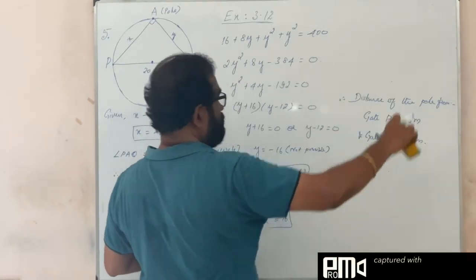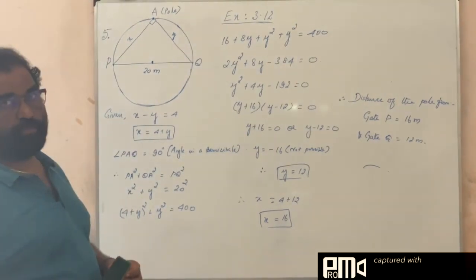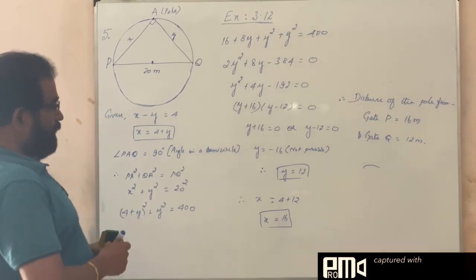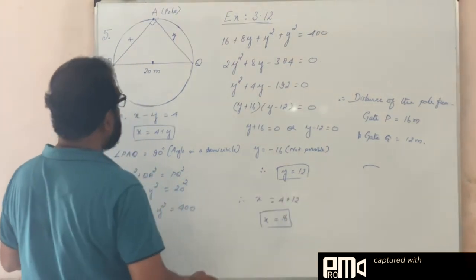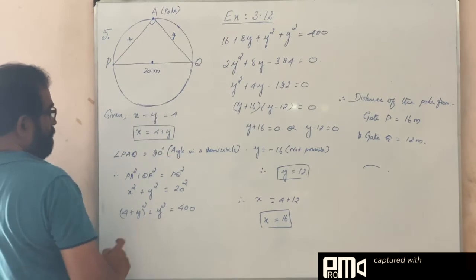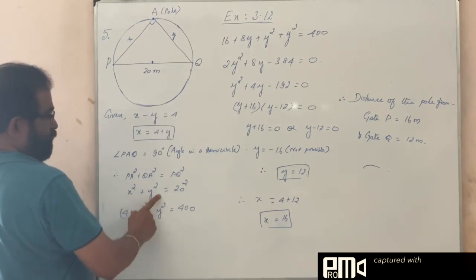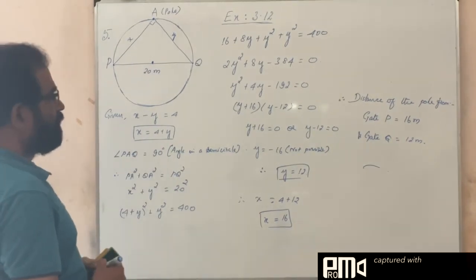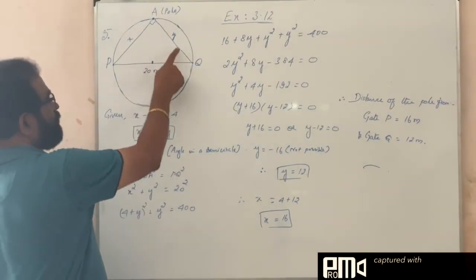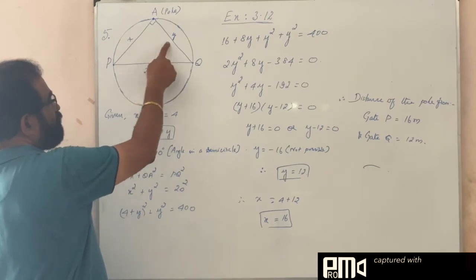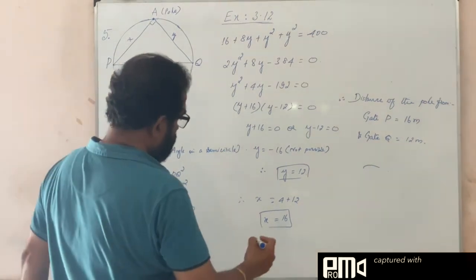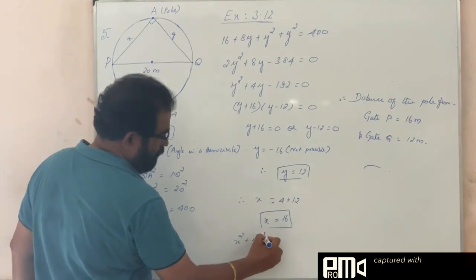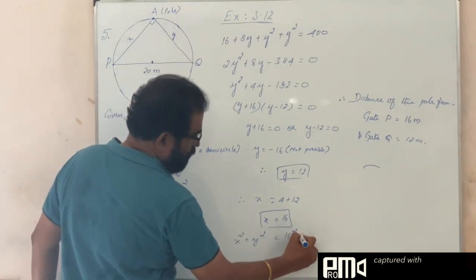So the first question is, is it possible to erect like that? How will we check if it is possible or not? X is 16 and y is 12. We just apply here x square plus y square, if we are getting 20 square, or x square plus y square is equal to 400. Whether it satisfies the Pythagoras theorem. So here I write x square plus y square is equal to 16 square plus 12 square.